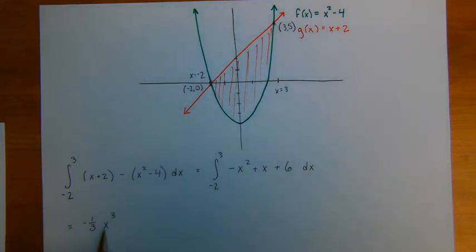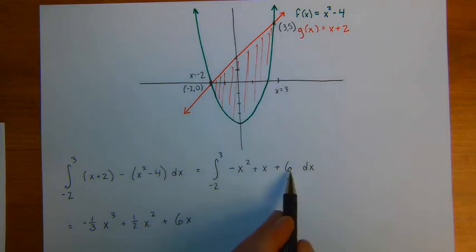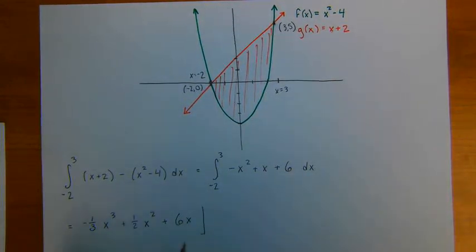I end up with a first term of x cubed times -1/3, the negative carries on. The next term becomes 1/2 x squared, again raising the exponent by 1. And then my linear term 6 becomes 6x. The antiderivative of a constant, I'm going to multiply by x, and we evaluate this as x goes from -2 to 3.